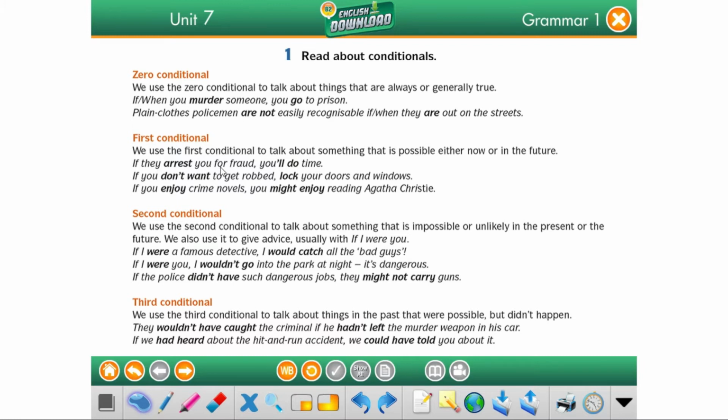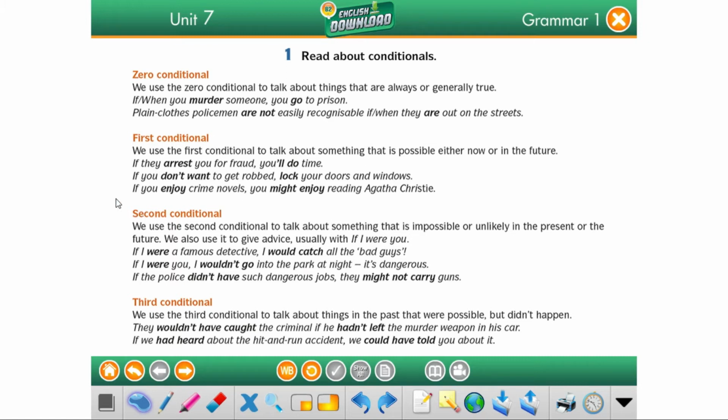If they arrest you for fraud, you'll do time. If you don't want to get robbed, lock your doors. And also we can change positions. We can say you'll do time if they arrest you for fraud, and we take off the comma.